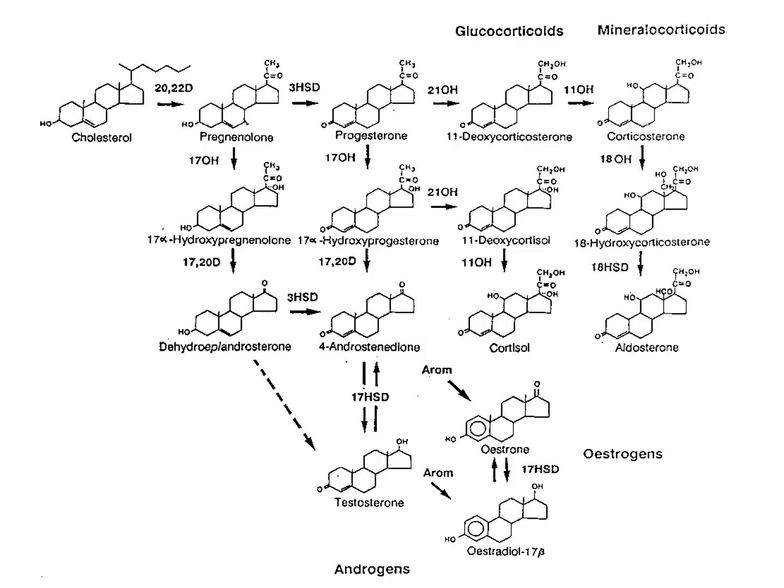Okay, see cholesterol up there at the upper left? That's the building block, and you can take that cholesterol and you can put it through the adrenal cortex, and you can put it through the gonads as well, and through a series of different cytochrome enzymes, what they call cytochrome P450 enzymes, you can make all these different steroid hormones.